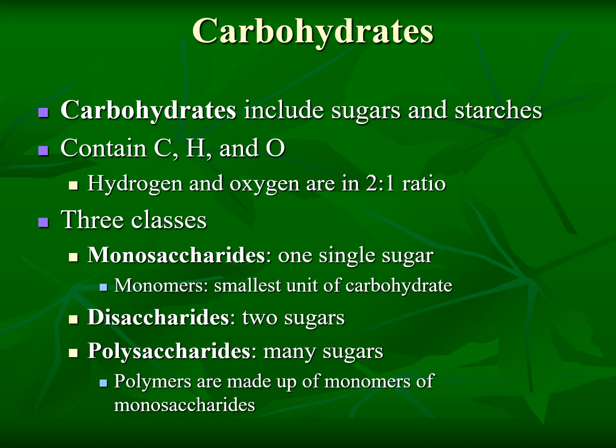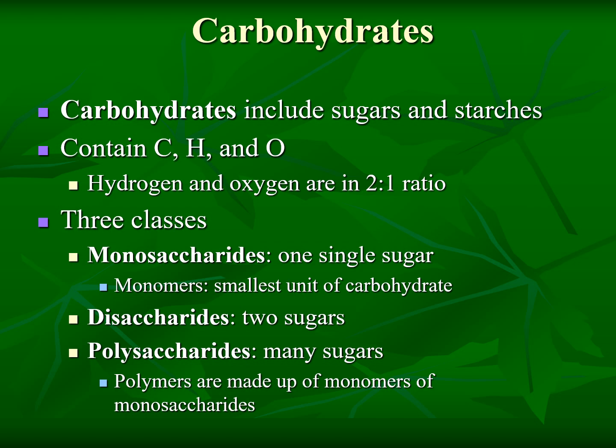So we'll talk first about carbohydrates. Carbohydrates are sugars and starches. They contain carbon, hydrogen, and oxygen. The carbon, hydrogen, and oxygen ratio is 1 to 2 to 1. So for every 1 carbon, you would have 2 hydrogens and 1 oxygen.